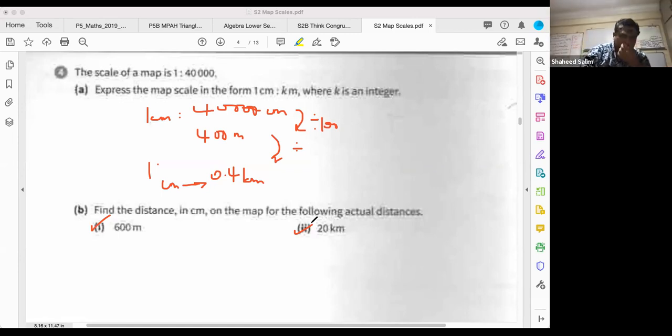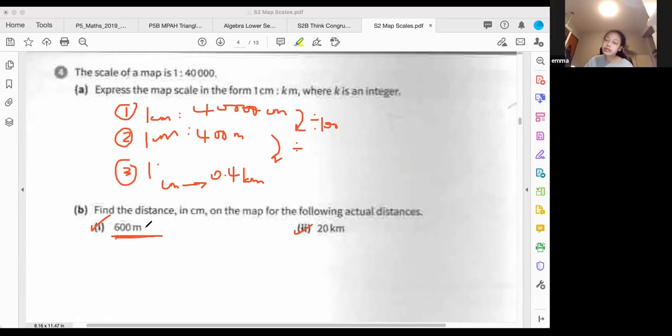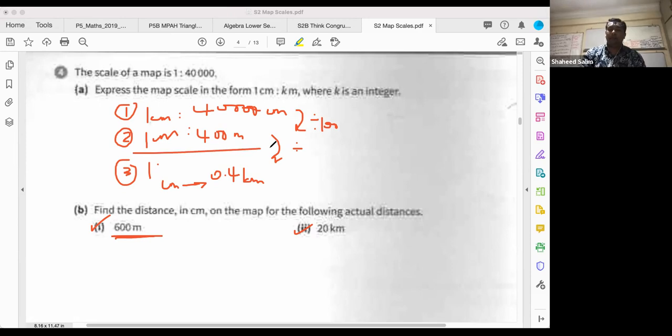Okay, did you get it? You can use any one now down here. As we are doing the working, you can use 1, you can use 2, and you can use 3. Which one is easiest for you to use? You use 2. How do you get 400 to 600?